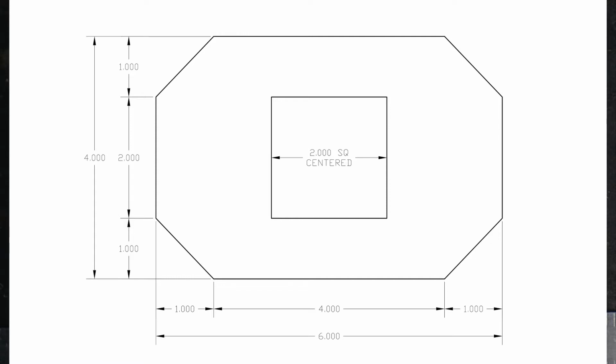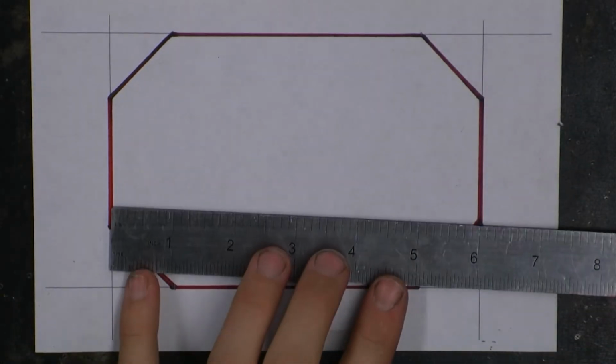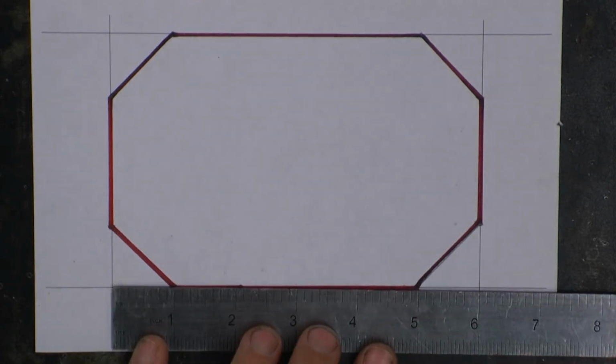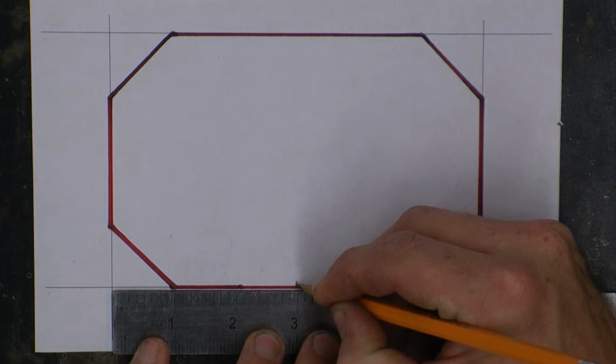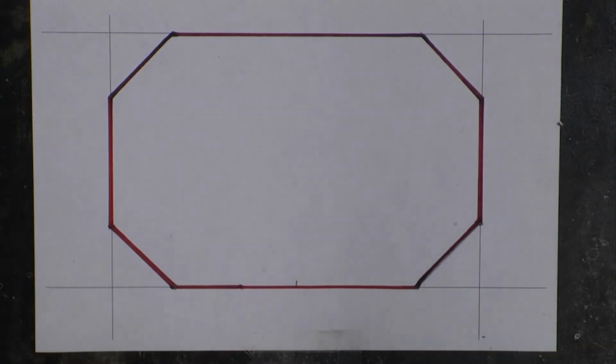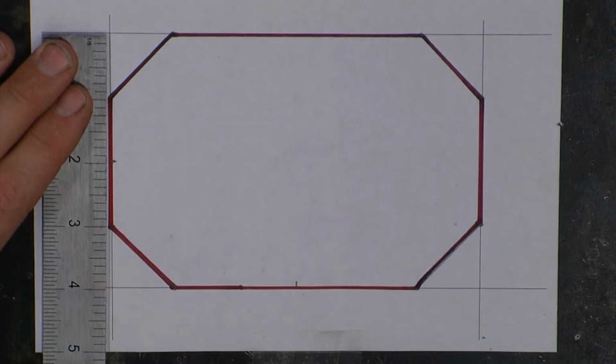We know that the total width of our object is 6 inches and the total height of our object is 4 inches. So if we take half the distance and put small reference marks, this would be at 3 inches and 2 inches.